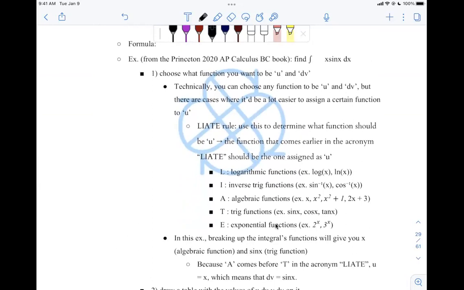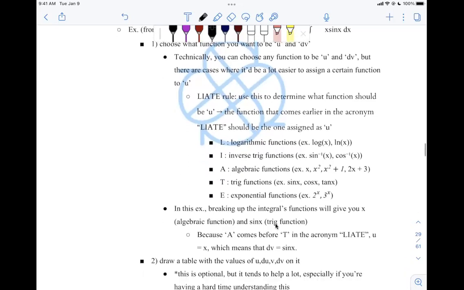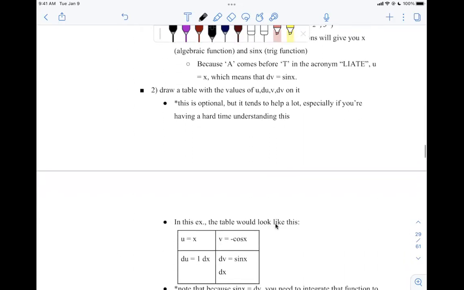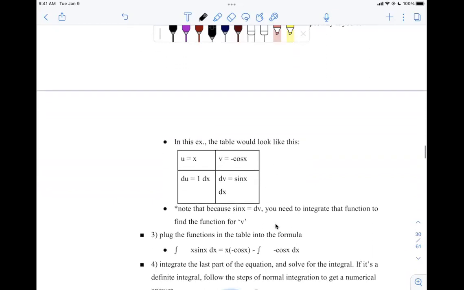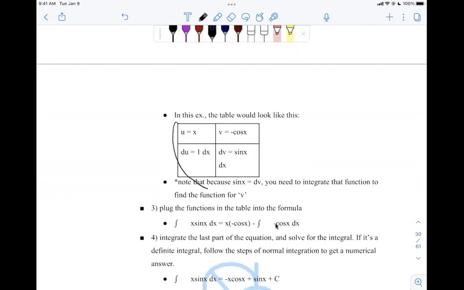Those are often good candidates for your u. And the stuff that's left is often a good candidate for dv, and then you would want to find what v has to be from there. Sometimes you can draw this table with u and v and du and dv, just so that it's easier to write down the formula.